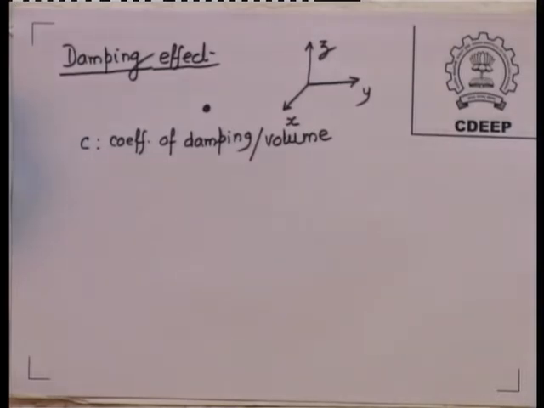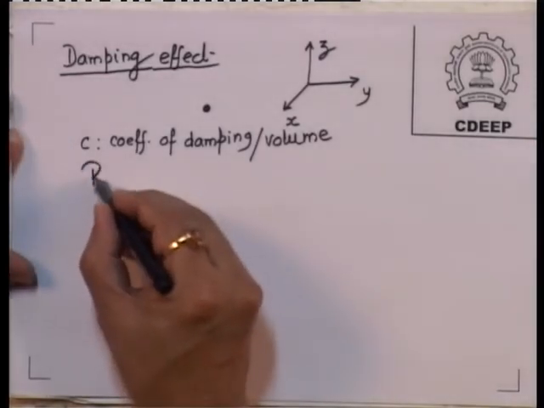How to find out this coefficient? I think we will have to refer to some books on dynamics. It is not easy. Damping parameters are very difficult to find out. It depends upon the type of structure and the material used in the structure. There are so many, but still it is worth knowing about damping.